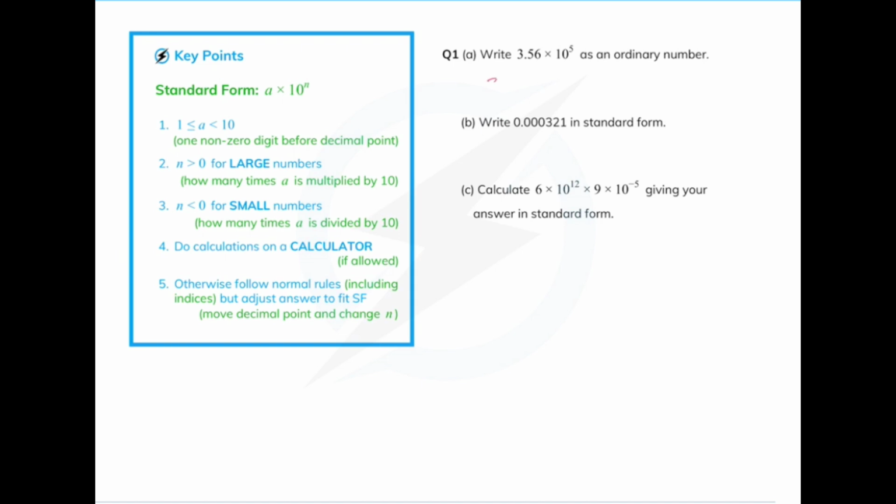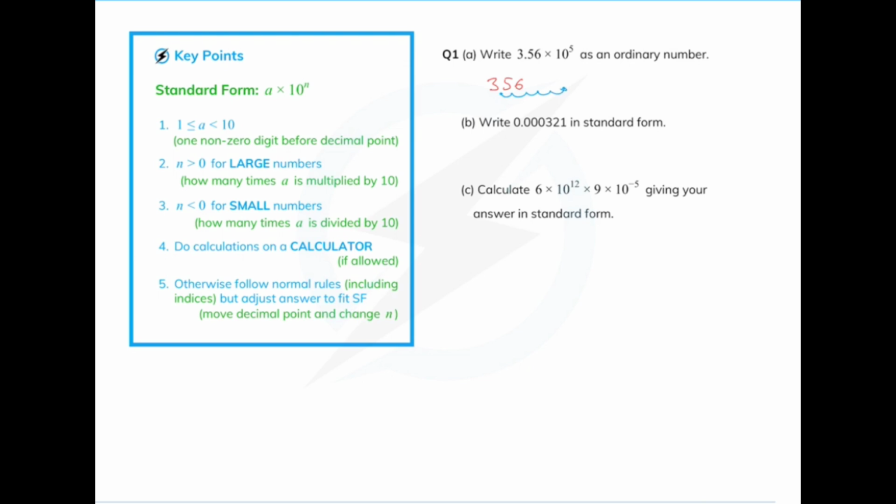Well, it's going to start 3, 5, 6, and the only question we have to answer is how many times we multiply by 10? Well, we've already said 5 times, so the decimal point was here, and so we move it once, twice, 3 times, 4 times, 5 times to there.